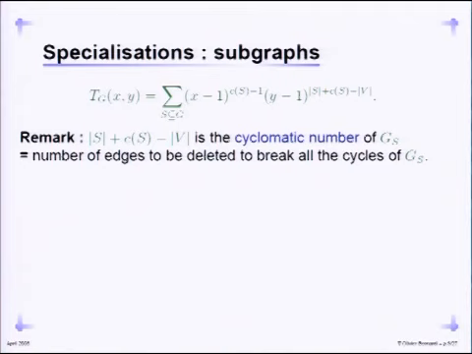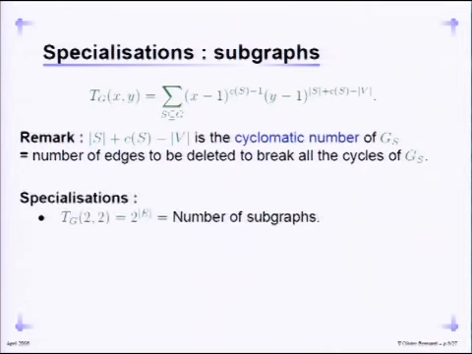Okay, so let's see some of the specializations of the Tutte polynomial. One specialization which is not very interesting is when you put the two variables to 2. In this case, all spanning subgraphs will have contribution 1, and you are just counting the subgraphs, which is just 2 to the number of edges.